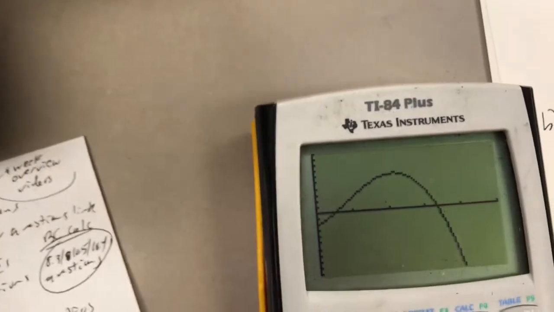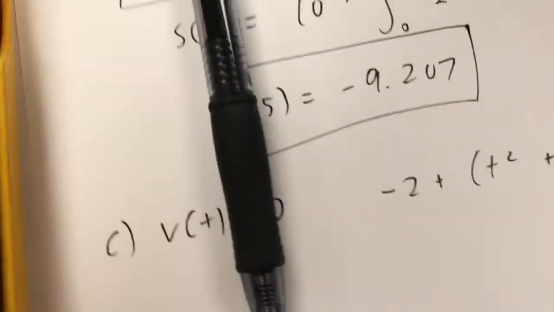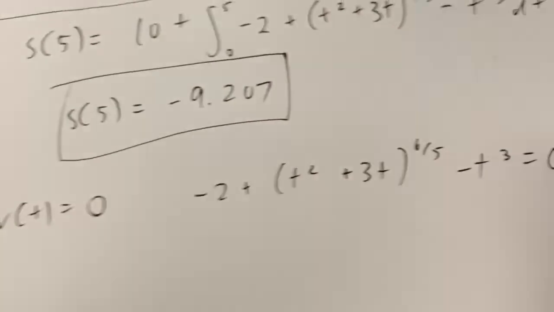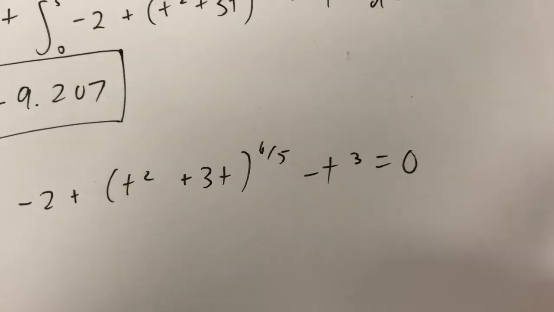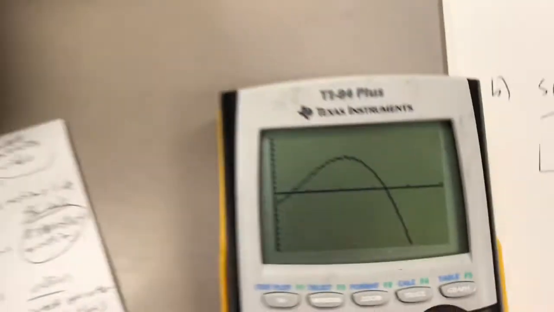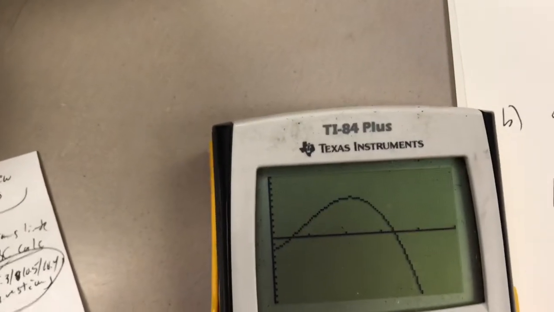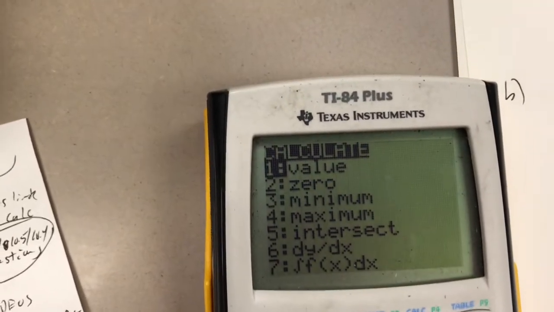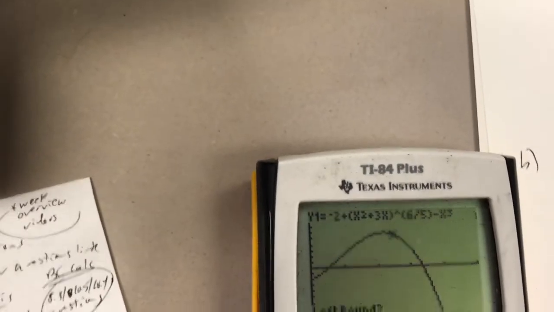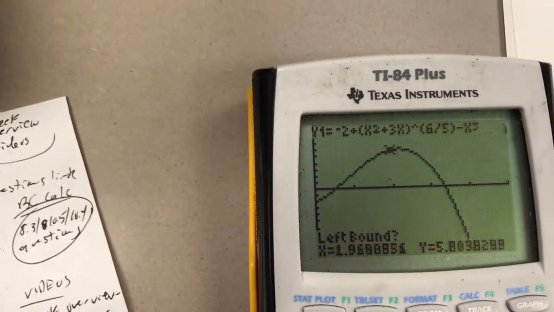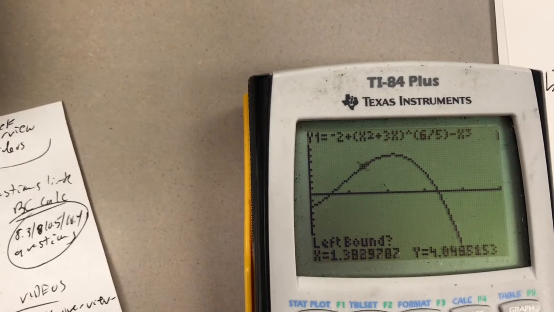And remember, your calculator has that 0 function. Again, they need to see that you're setting the velocity equation equal to 0. They don't care how you solve it because you've got a calculator. So second calc, the 0 function here, remember it has you pick a value to the left and a value to the right, and then you can just hit enter on the guess.